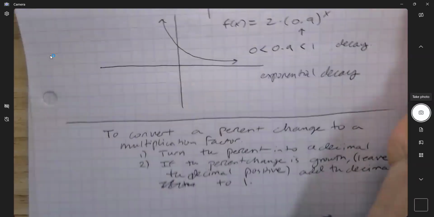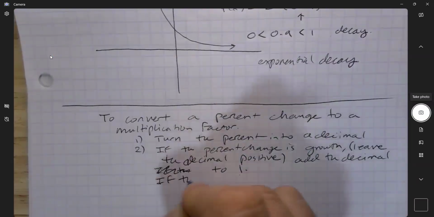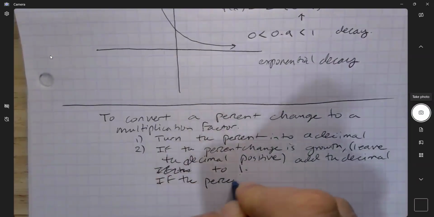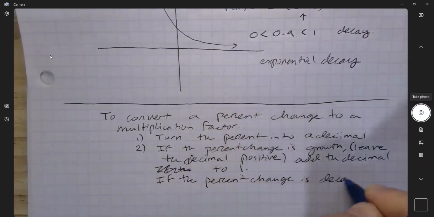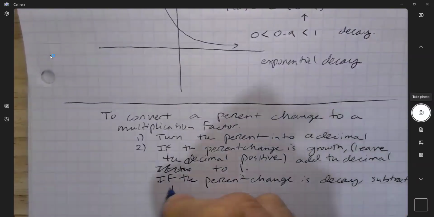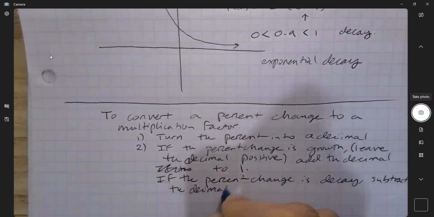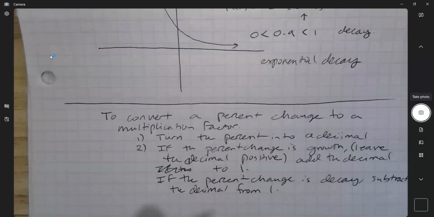Right, we had a 3% growth, so we added 0.03 to 1, and we got 1.03. If the percent change is decay, subtract the decimal from 1. And that's your multiplication factor.